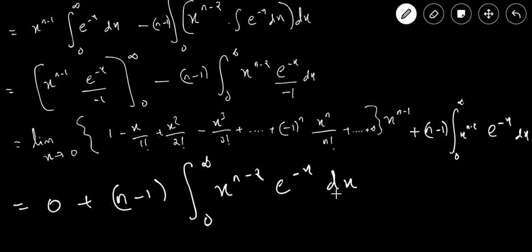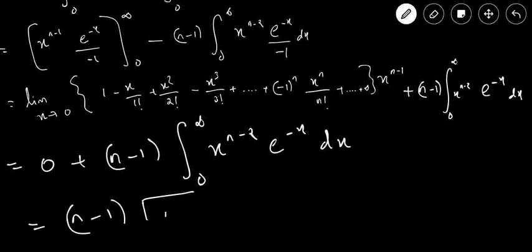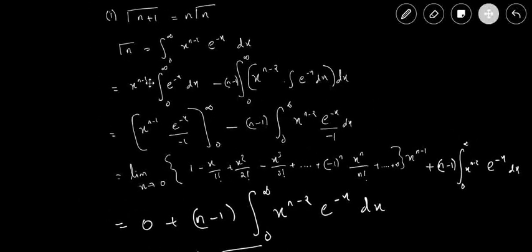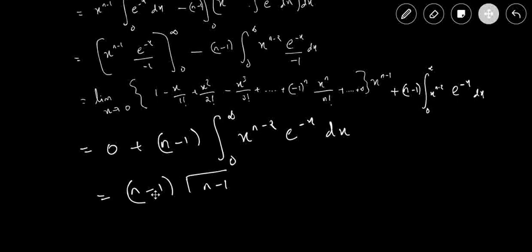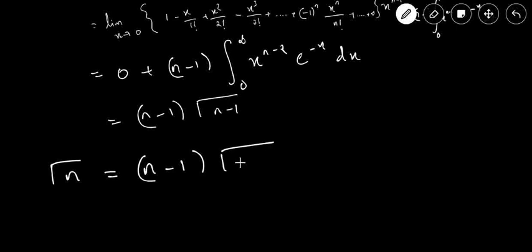All right, so this is like gamma of n minus 1 from the definition. So we will get n minus 1 times gamma of n minus 1, right? So we got a relation like this: gamma of n equals n minus 1 times gamma of n minus 1.